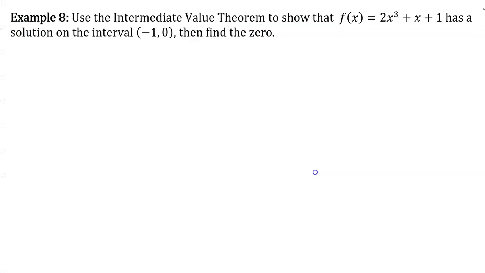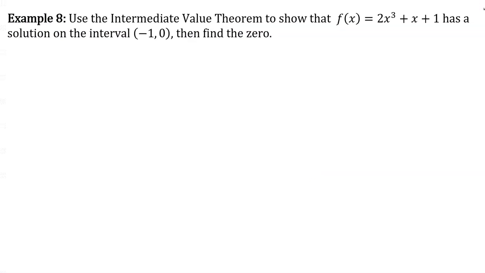We have to use the intermediate value theorem to show that this lovely function has a solution on the interval -1 to 0, and then find the 0. Now this is actually one of the best ways to use the intermediate value theorem. We want to find the solution, the 0, of a function.